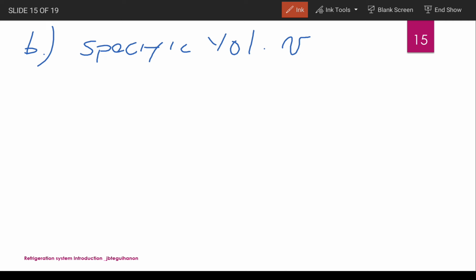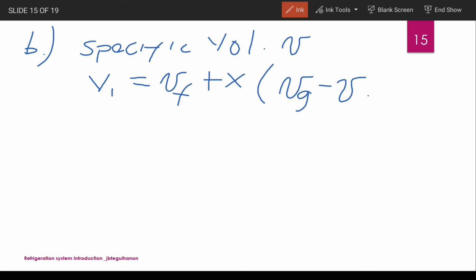To find the specific volume, we need a steam table, and plug into the formula: V1, the specific volume at the initial condition, is equal to the specific volume of the liquid, plus X times the specific volume of vapor minus the specific volume of liquid.